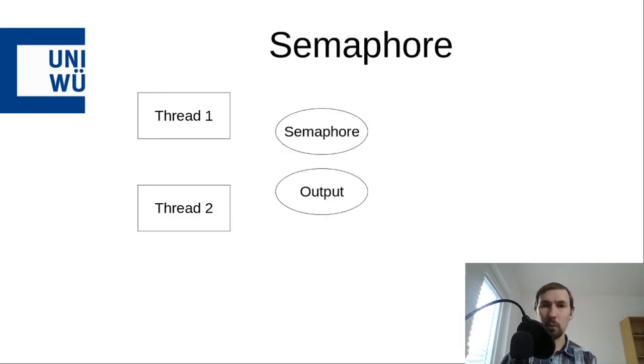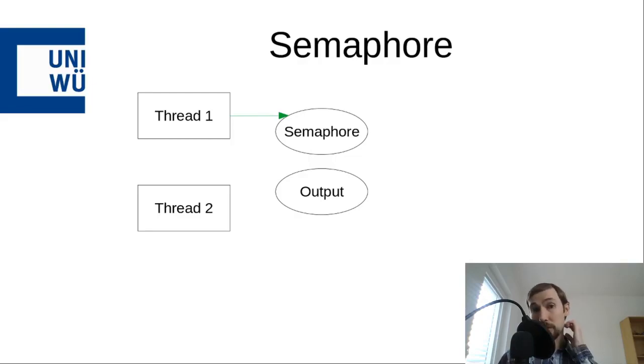And this is where semaphores come into play. In this case, every thread enters a semaphore before accessing the output device and leaves the semaphore after accessing the output device. It would work like this. The first thread is entering the semaphore.